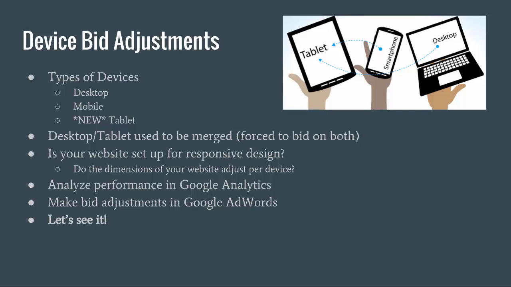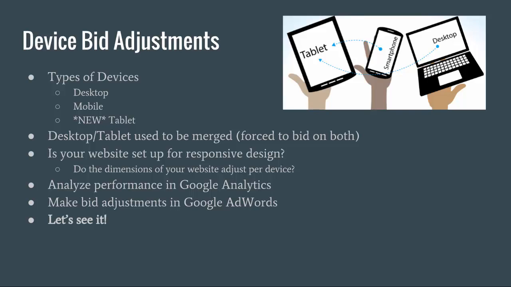Pretty simple. Now, for the longest time, AdWords has always merged desktop. They always had tablet as a separate category, but you were never actually able to add a bid modifier for tablet. But now, finally, they came out with a bid modifier for tablet.